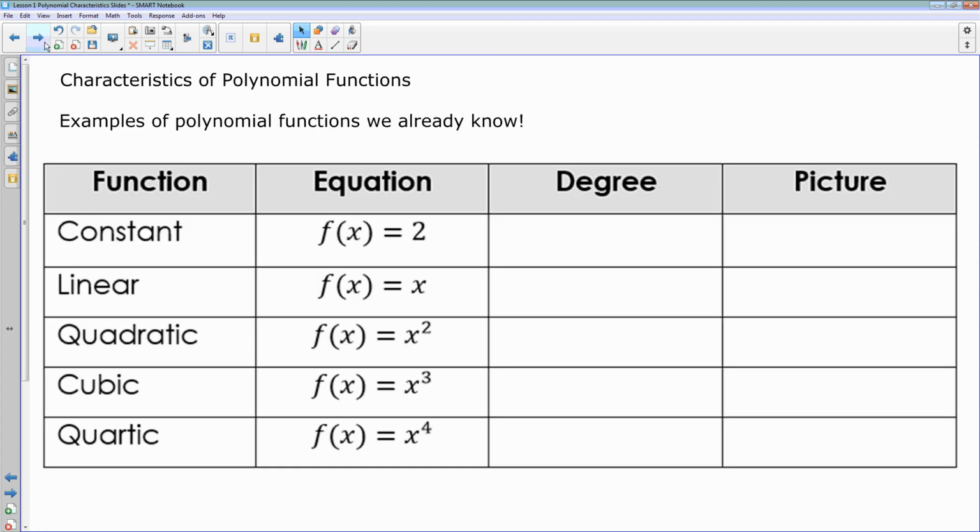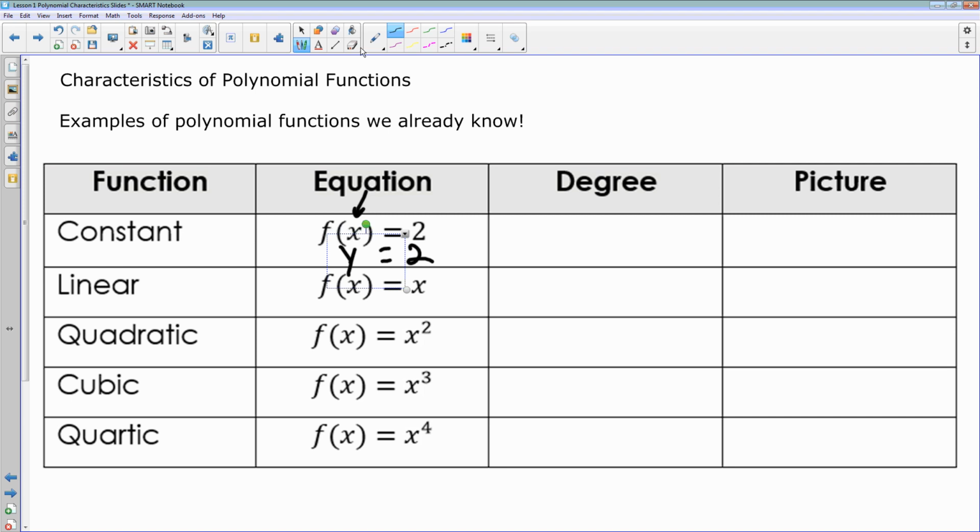All right, so let's talk about some of the polynomial functions that we already know stuff about. So the first few that we already know. If we have a constant, so f of x, remember f of x is the same as just saying y equals, because f of x is just saying the function value at x. So you plug in a number for x and you get out a y value.